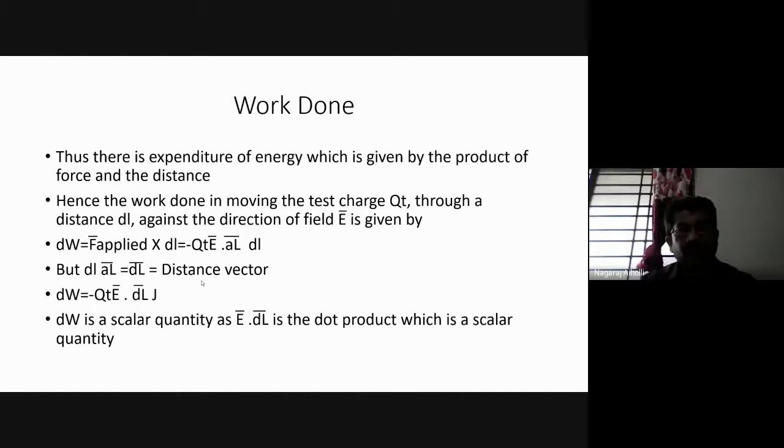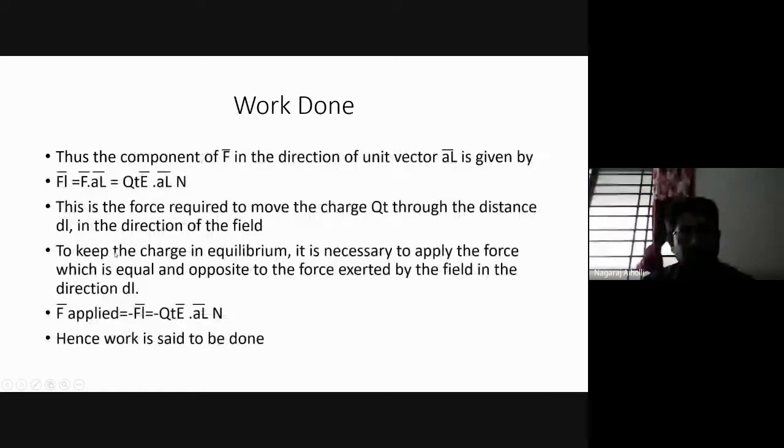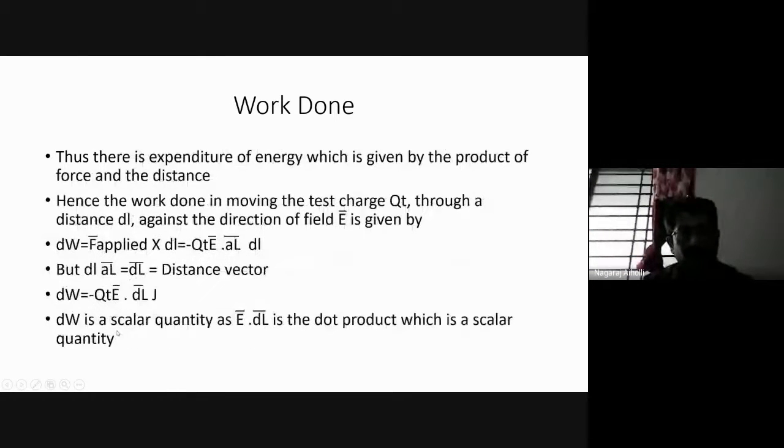Hence, the work done in moving the test charge QT through a distance dl against the direction of field E bar is given by dW is equal to F bar applied into dl. That is, we have applied F bar applied force to maintain the equilibrium, and it is moved through some distance dl. Therefore, the product of these two will give us the work done.